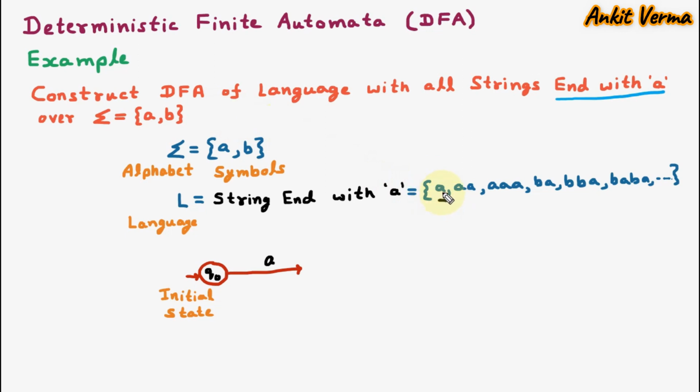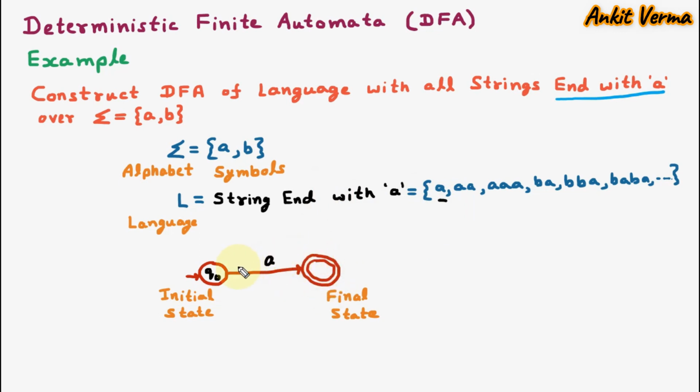That is ending with A itself, and this should be accepted by the DFA. So anything accepted by the DFA is represented with the double circle, which means it is the final state. The DFA accepts the string when after processing the complete string, we are on the final state.